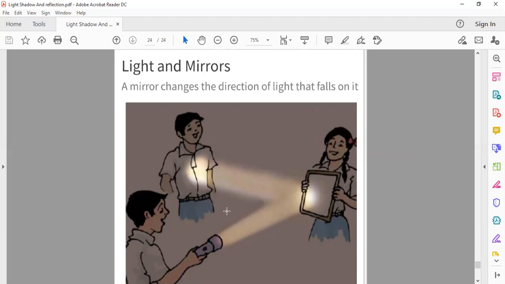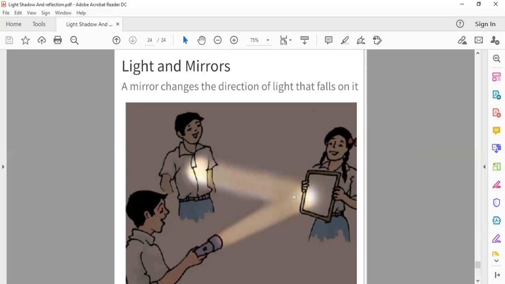Here three friends are standing in such a way that one of the girls has the mirror in her hand, and one of the children is putting the light of a torch on the mirror. And what does the mirror do? Mirror just reflects the light onto another person. It is throwing the light on another person. So what happens if she keeps on changing the direction of the mirror? The direction of the light also changes.